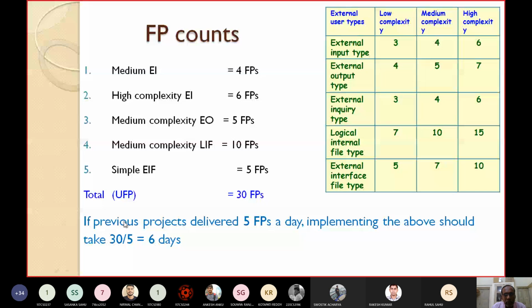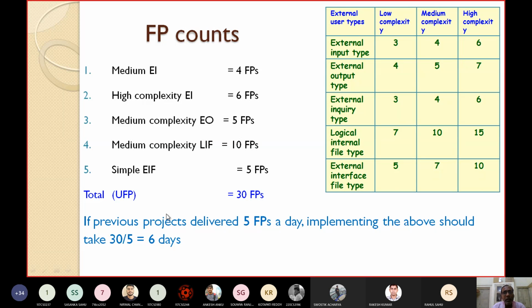The adjusted function point is a more accurate value than the unadjusted function point. If you want to get an accurate time, then it is better to divide the adjusted function point by this value like 5, which you got from the previous experience.